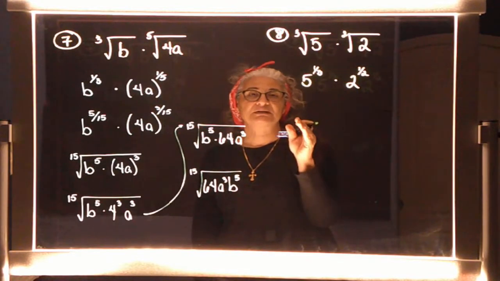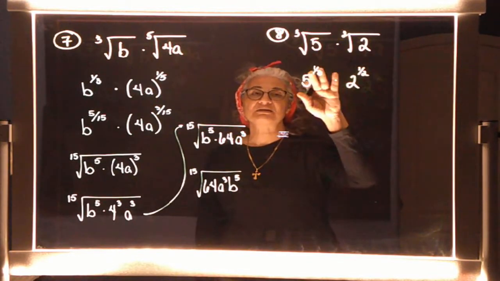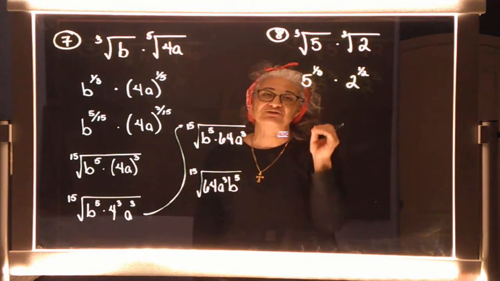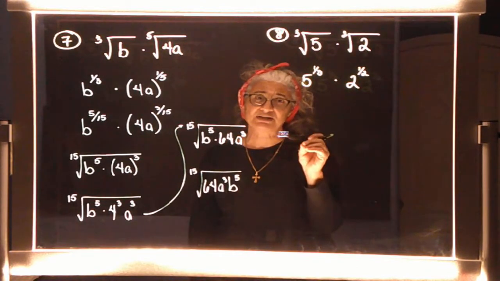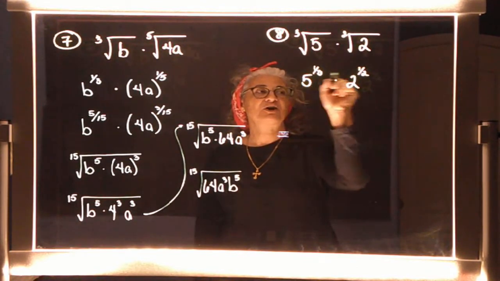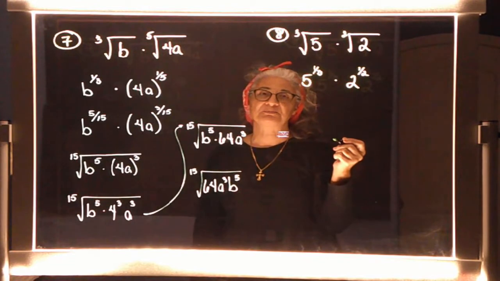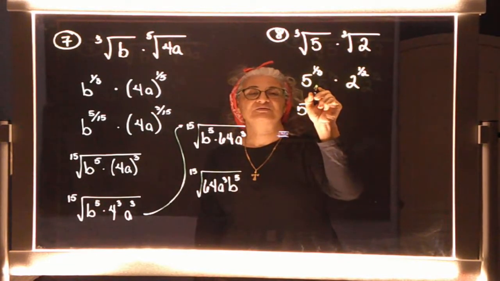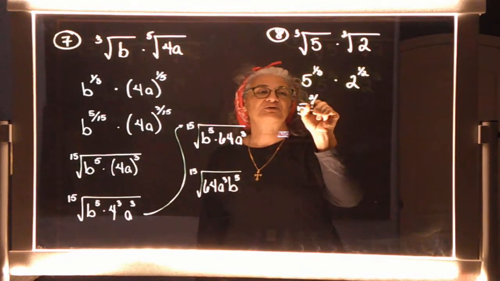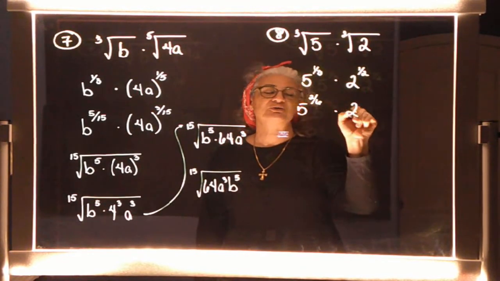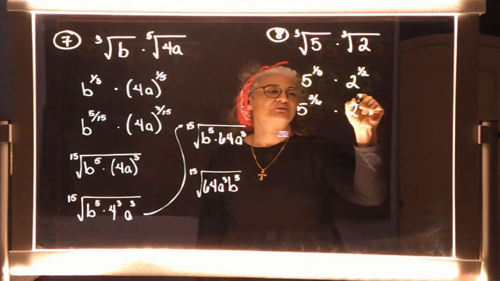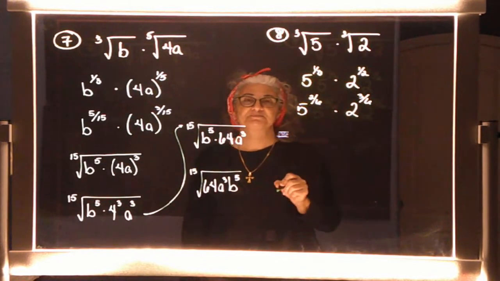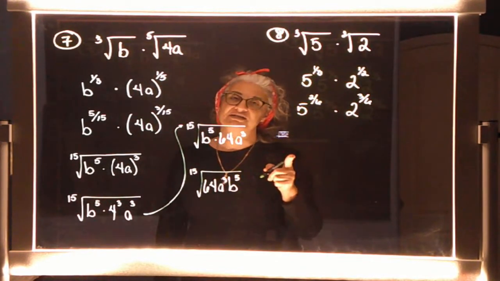But remember, since the exponents are fractions, let's get those roots the same, shall we? So what's a common denominator between a 3 and a 2? Good, 6, which means we'll have 5 to the 2 over 6, and 2 will be to the 3 over 6.